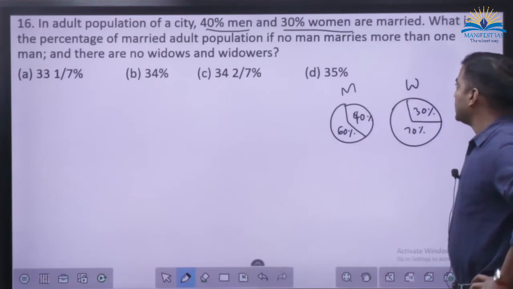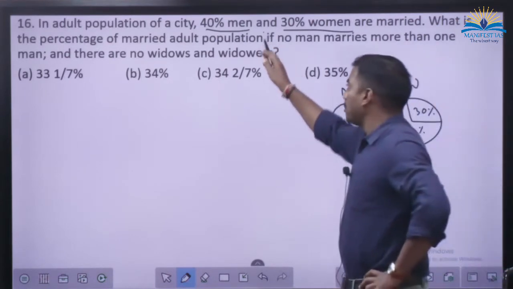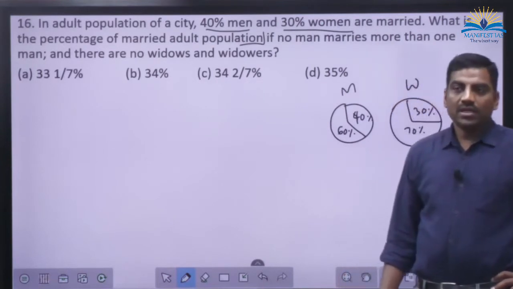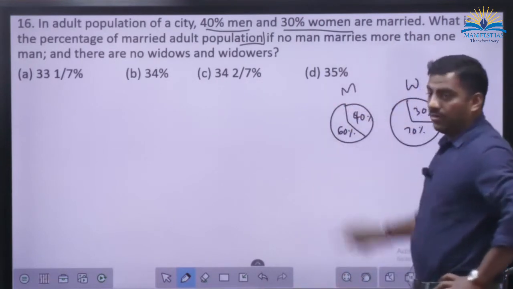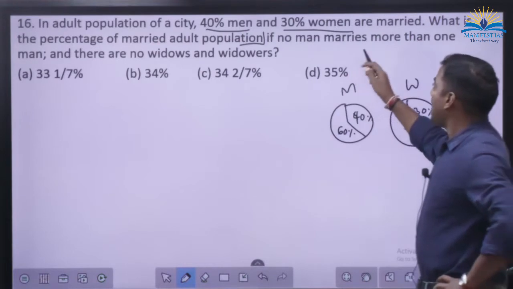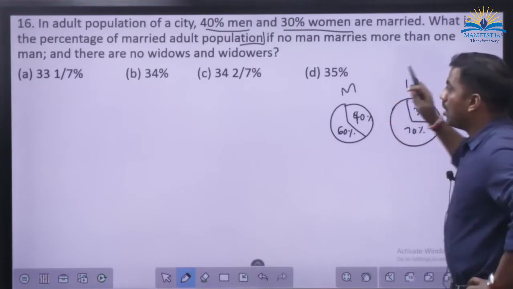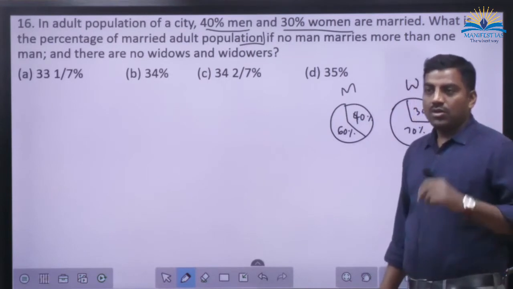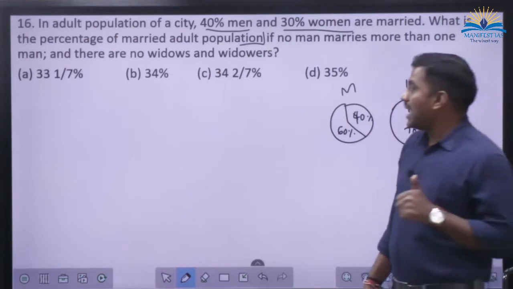So let us forget about this. What we have to find out? Let us look at what they have given. If no man marries more than one man, so in the city, no man is married.